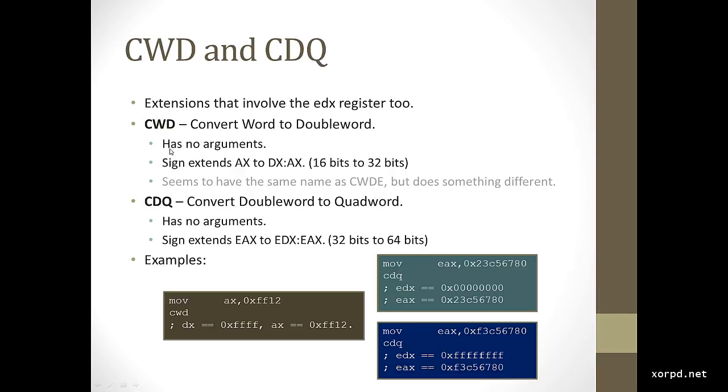This instruction has no arguments, and it sign extends AX to DX AX. So actually it extends 16 bits to 32 bits. This instruction, for example, doesn't affect the highest part of EAX. It doesn't touch the highest 16 bits of EAX. It only affects AX and DX.